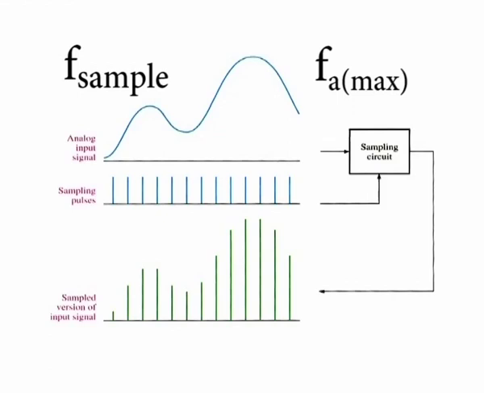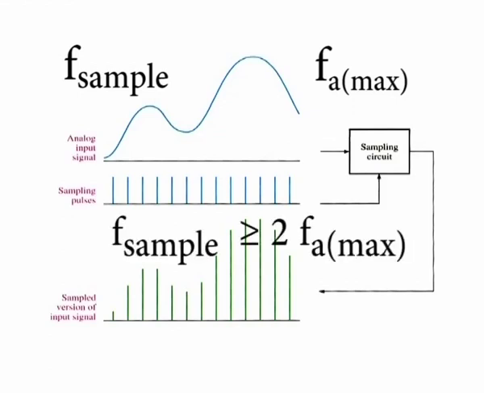The frequency fa maximum is known as the Nyquist frequency and is expressed by this equation, where f sample is greater than or equal to 2 fa maximum. In practice, the sampling frequency should be more than twice the highest analog frequency.